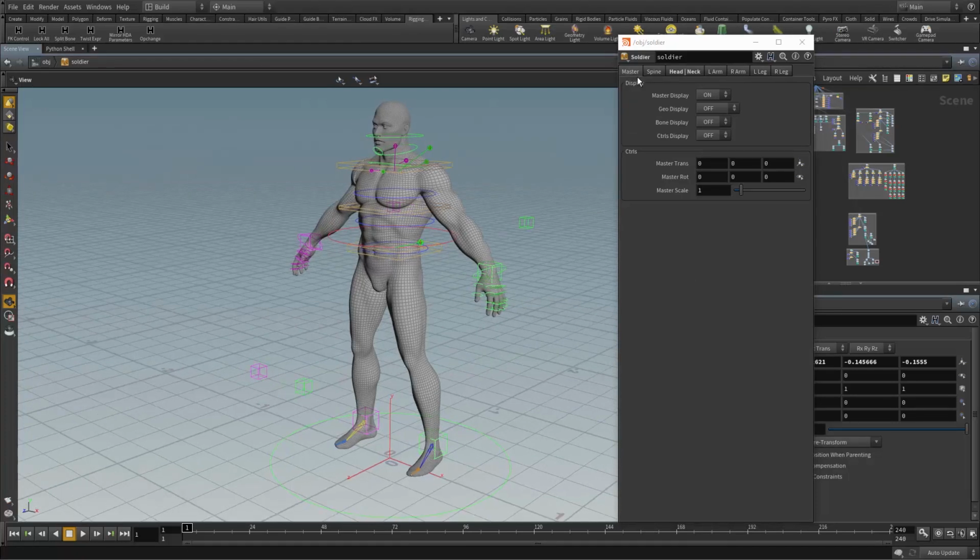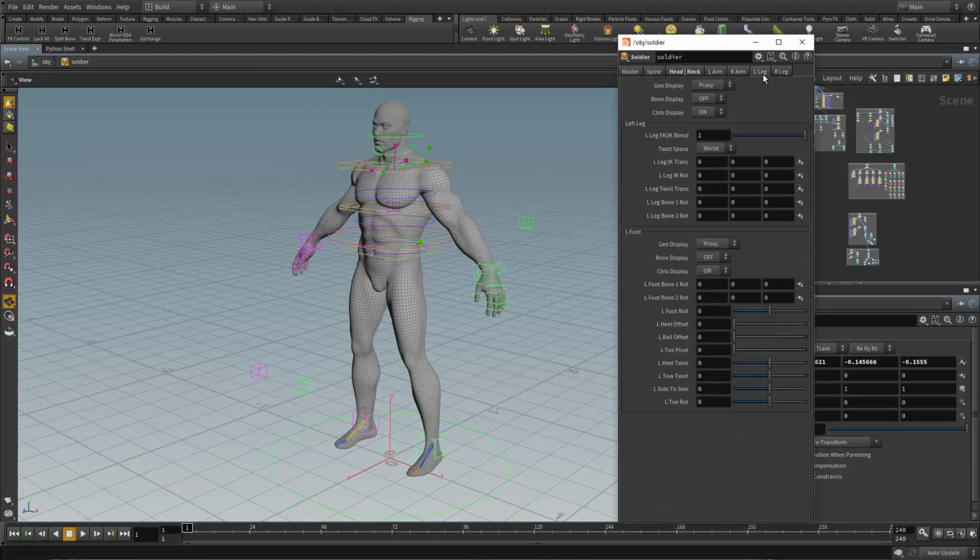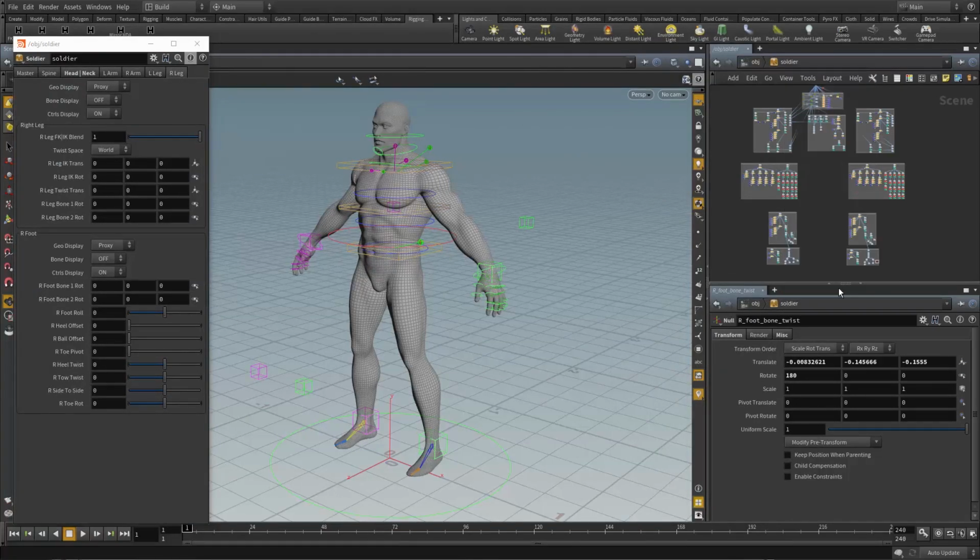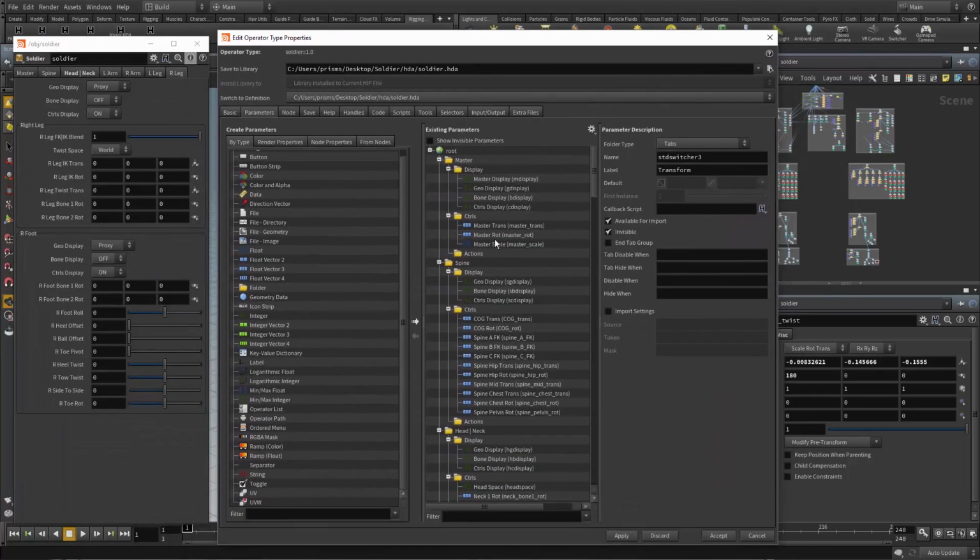So you can put that on the master tab for everything, but you could also put it on each of the sections of your rig. So if you wanted just your left leg to return to defaults, you could have a button to do that. And that's what we had, if you remember, our actions folder in each of our sections.